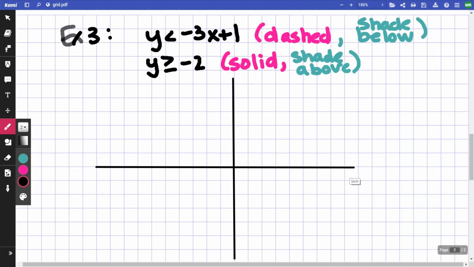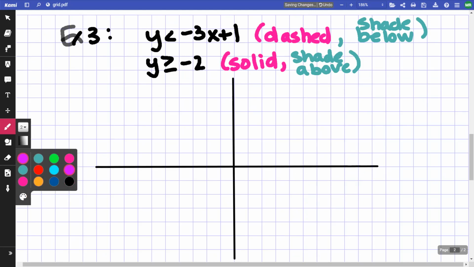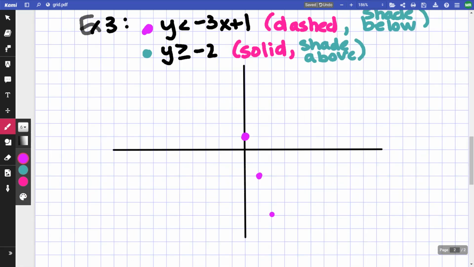So again, I'm just going to use the same color. So I'll do purple for the first one and teal for the second one. So for the first one, my y-intercept is going to be 1. My slope is a negative 3. So I'm going to go down 1, 2, 3 to the right 1, down 1, 2, 3 to the right 1.